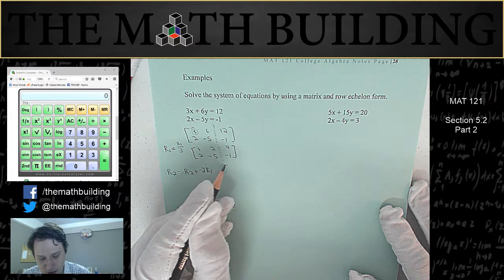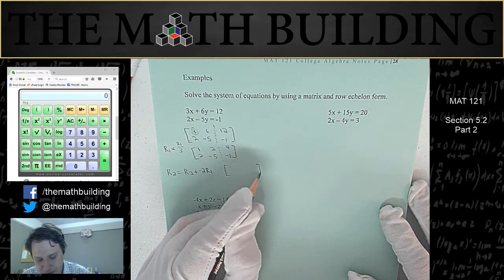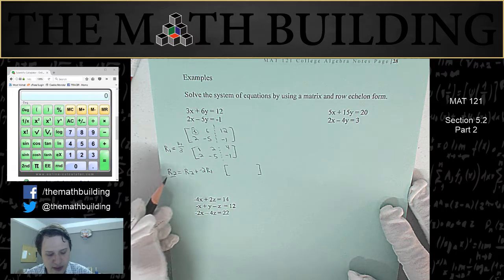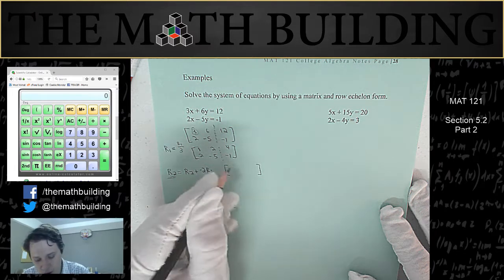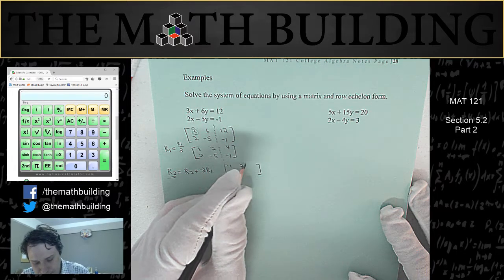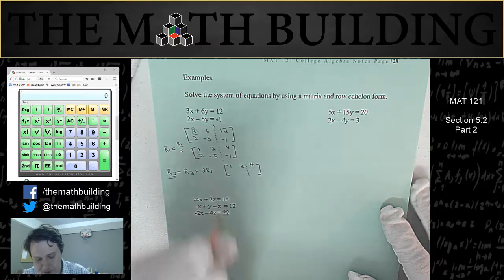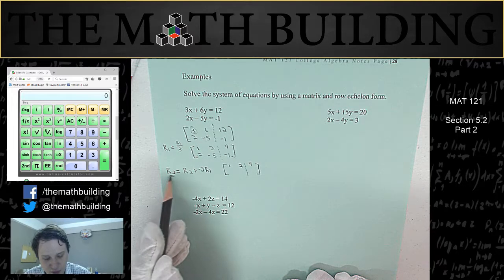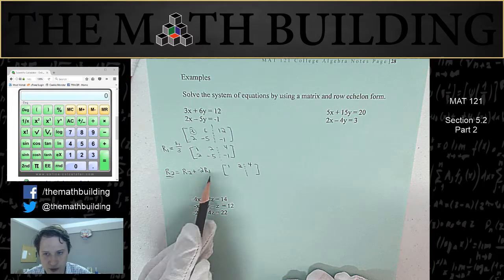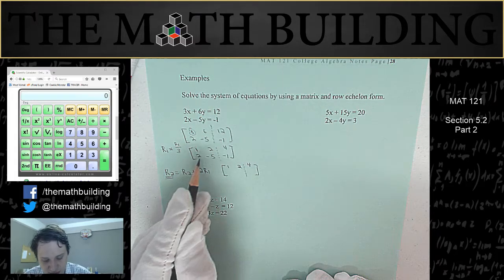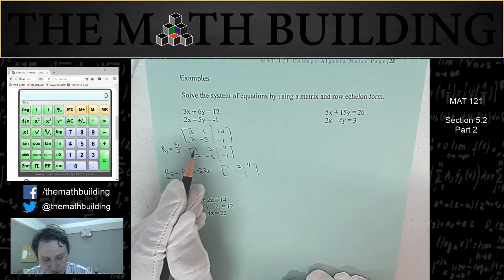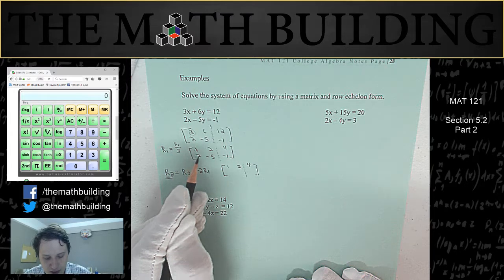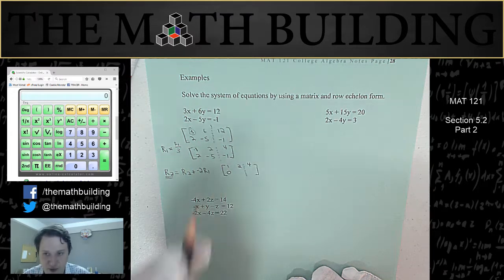So here's what it's going to look like when we're done. First off, we're only replacing row 2, so row 1 is not going to change. Now row 2: it's equal to itself plus -2 times this number. So -2 times 1 is -2, plus 2 is 0.